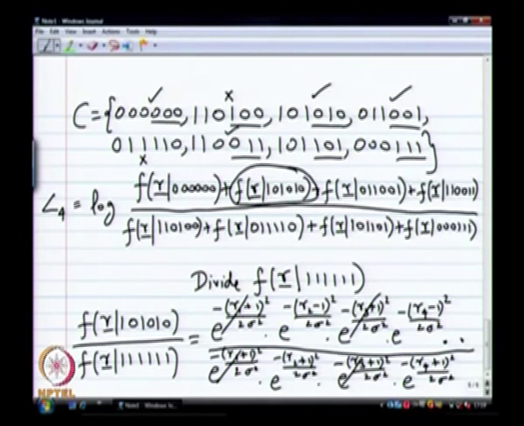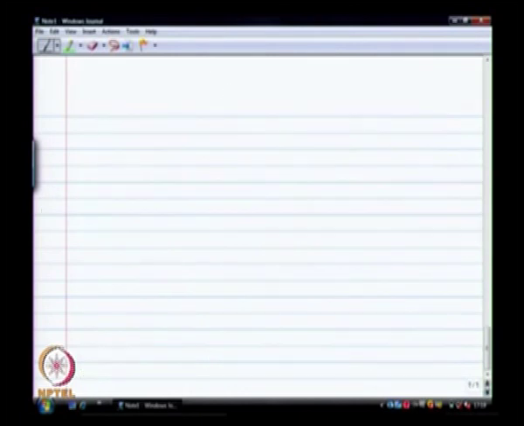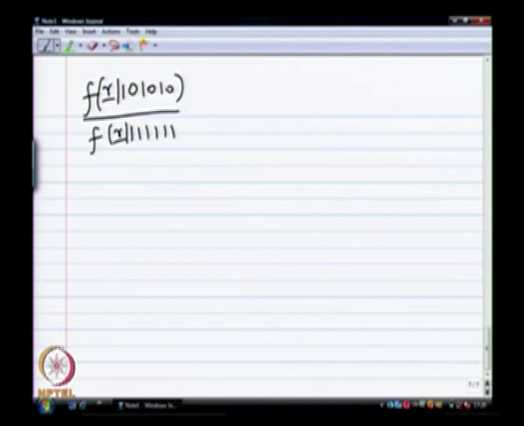Another way of writing this, which will maybe simplify things a lot, is to write the same expression again in a slightly different way: f of r given 1 0 1 0 1 0 divided by f of r given 1 1 1 1 1 1.